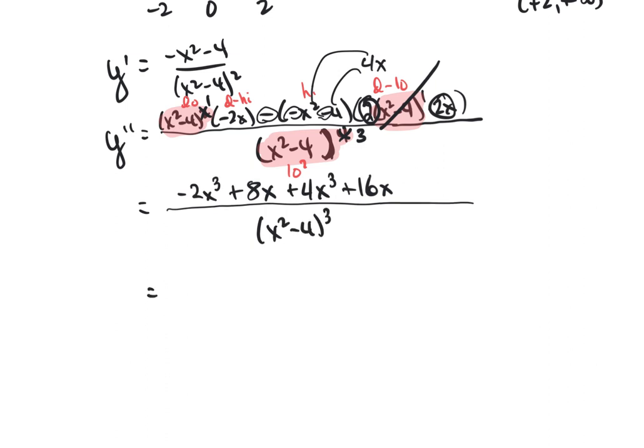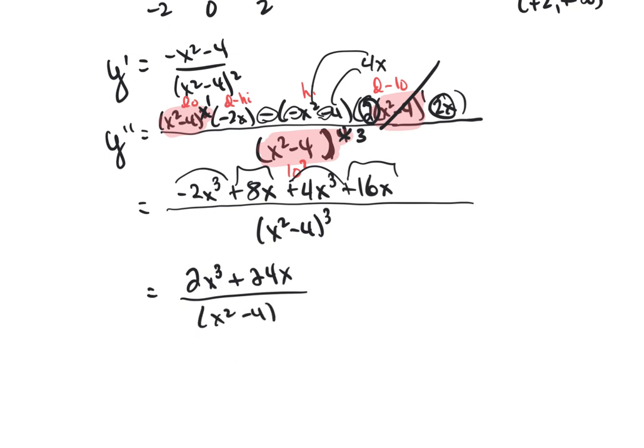Okay, put together the like terms. Negative 2x cubed and positive 4x cubed would be positive 2x cubed. 8x and 16x is 24x. Okay, we're about set to go, but I think what I'll do is I'll factor out what's common in the top first.